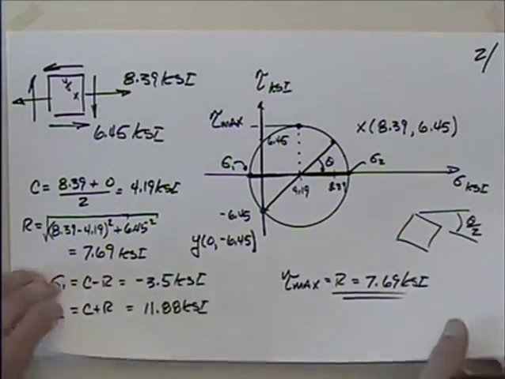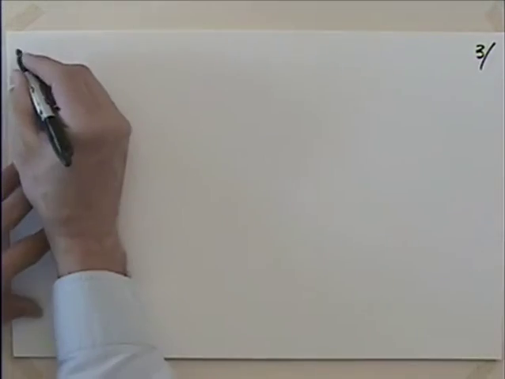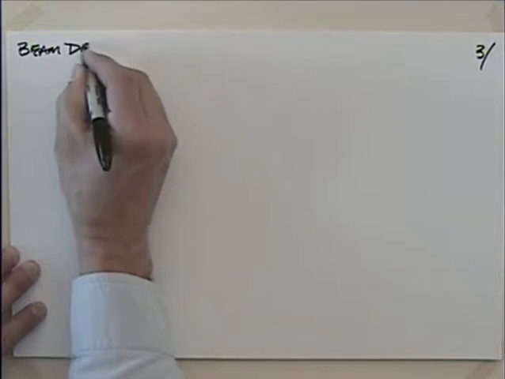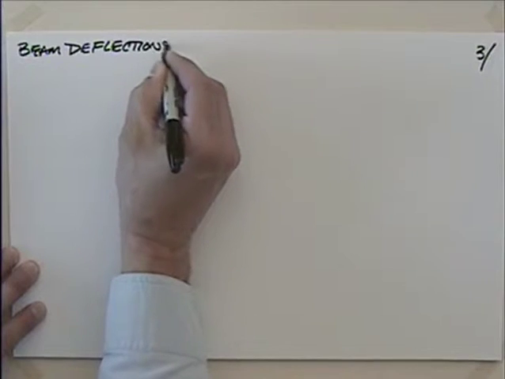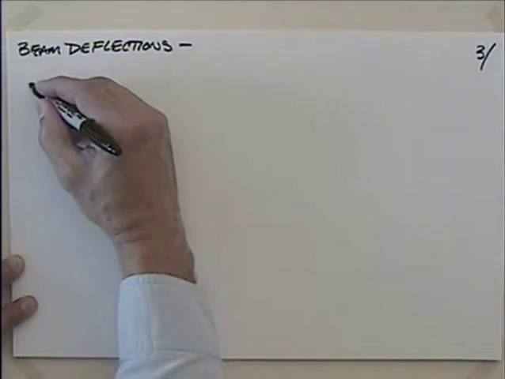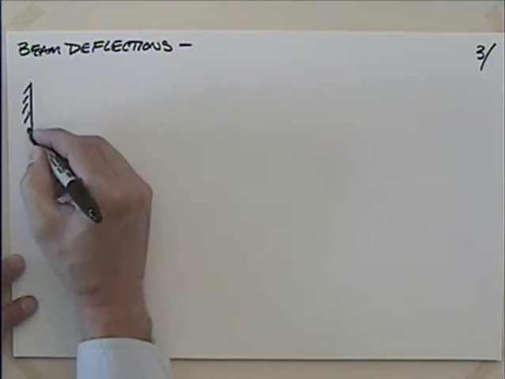Well, let me move on to the next section and where we're going to spend the most of the rest of the term, which is in beam deflection. So with beam deflection, I'm going to do this derivation with a cantilever beam.